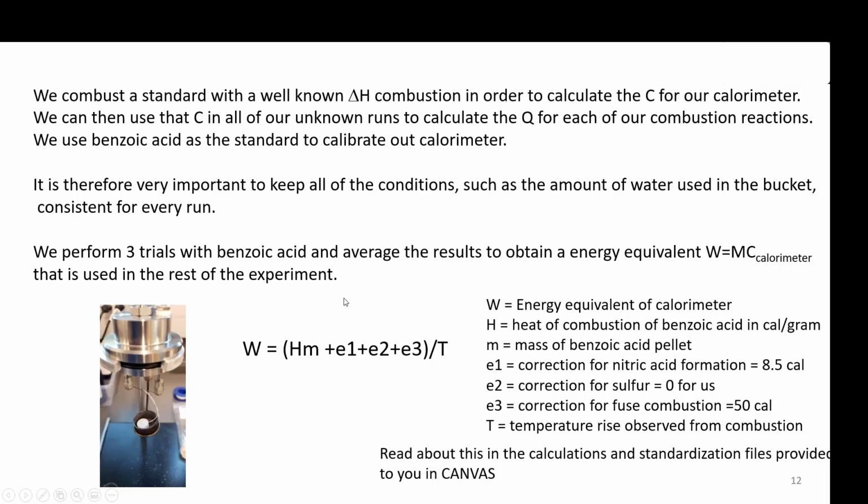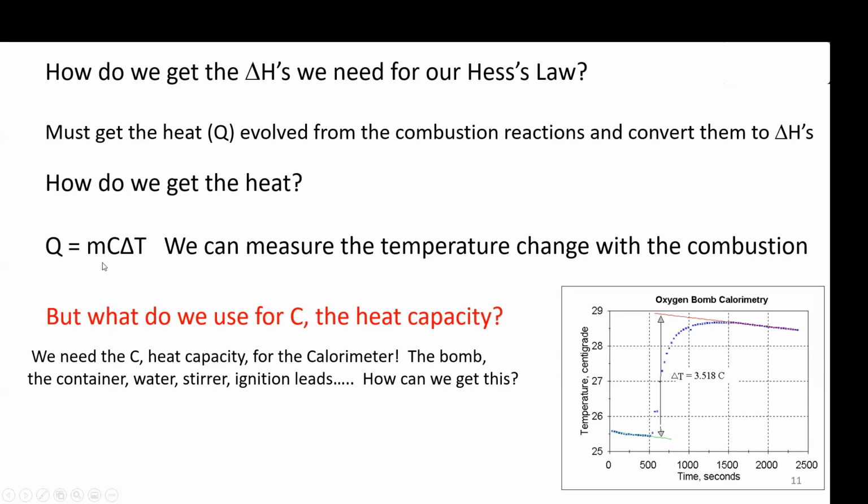We can make 3 trials of benzoic acid and calculate how much heat we get from the known value of combustion. In here, we still have this equation, Q equal to, so now we combine M and C as W, Q equal to W times delta T in this case.